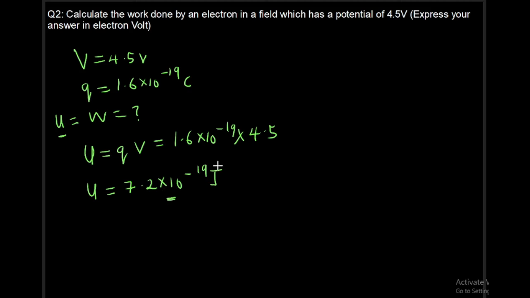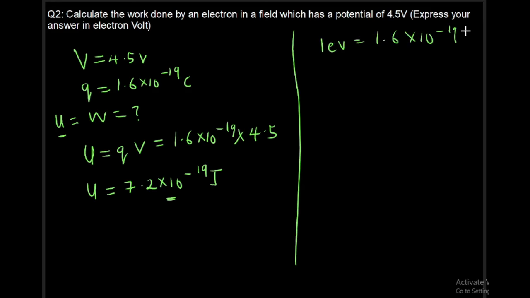Now to convert it to electron volts, we simply use the conversion factor. 1 electron volt equals 1.6 times 10 raised to the power of minus 19 joules.